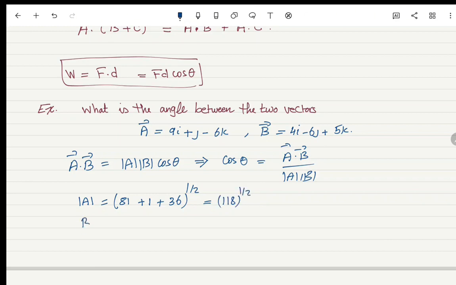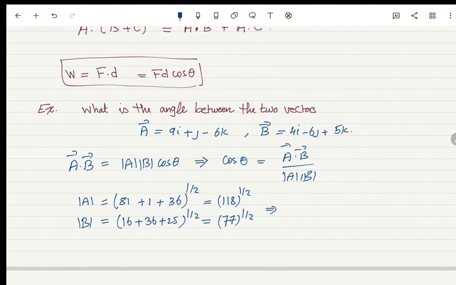Now B in magnitude is equal to, same procedure, 16 plus 36 plus 25 to the power half, or 77 to the power half.